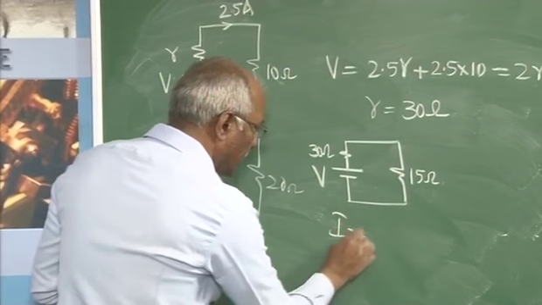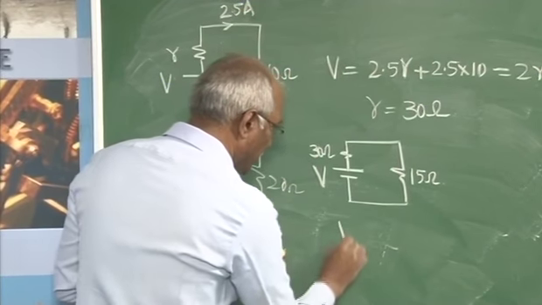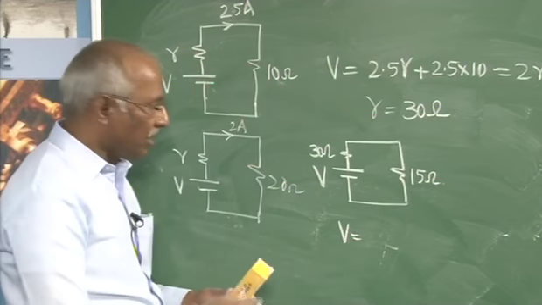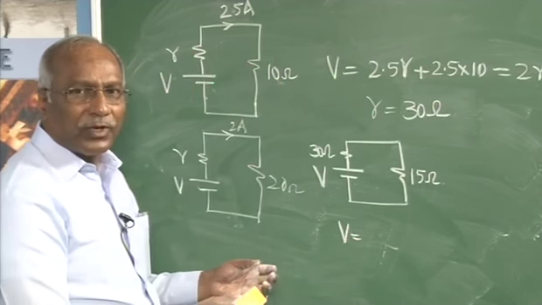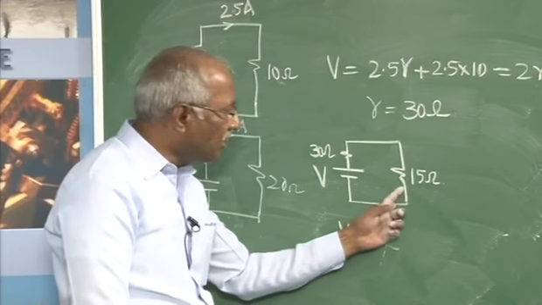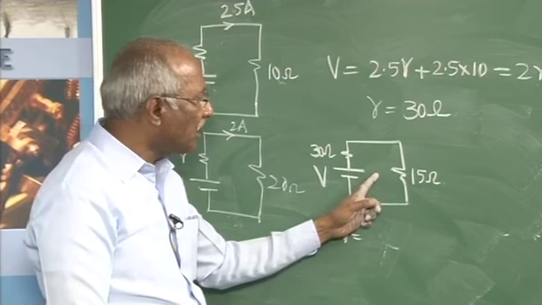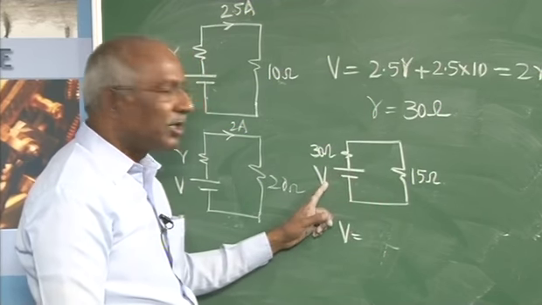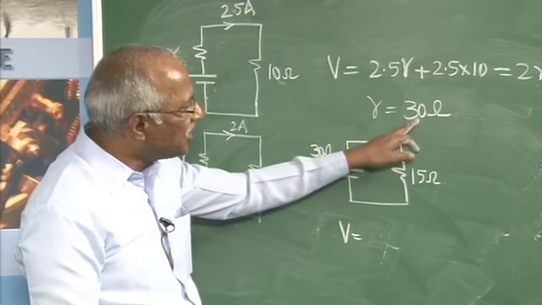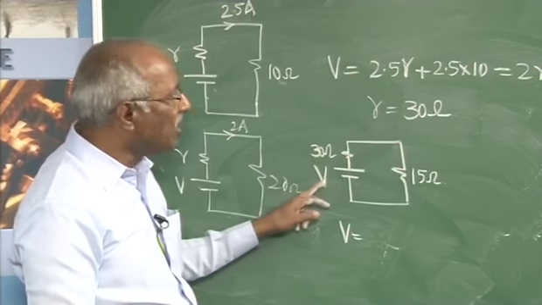To find the voltage across this, we must find the current. To find the current, I must know what this voltage V is. So substitute this value of R in this equation, and we will get the value of the voltage.